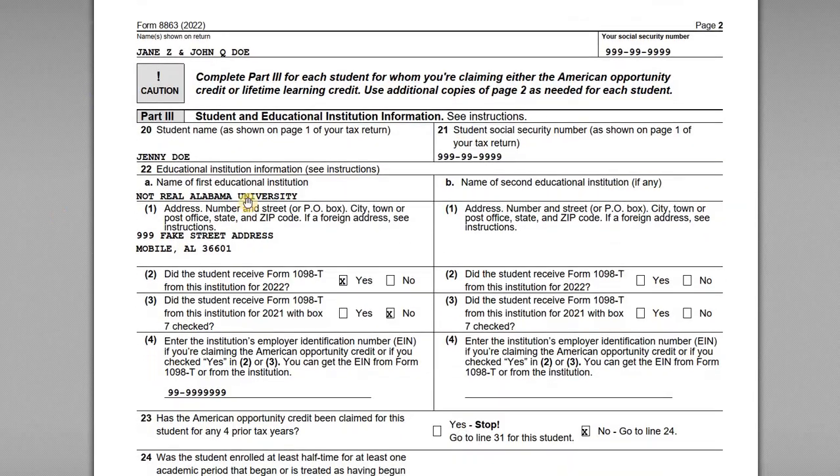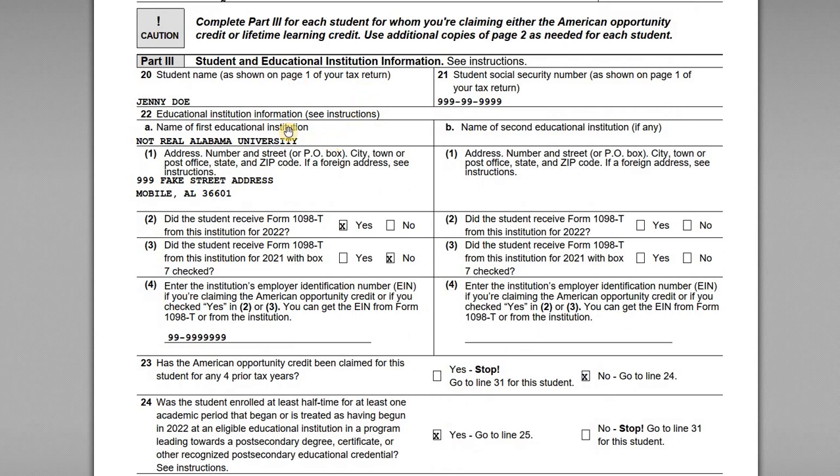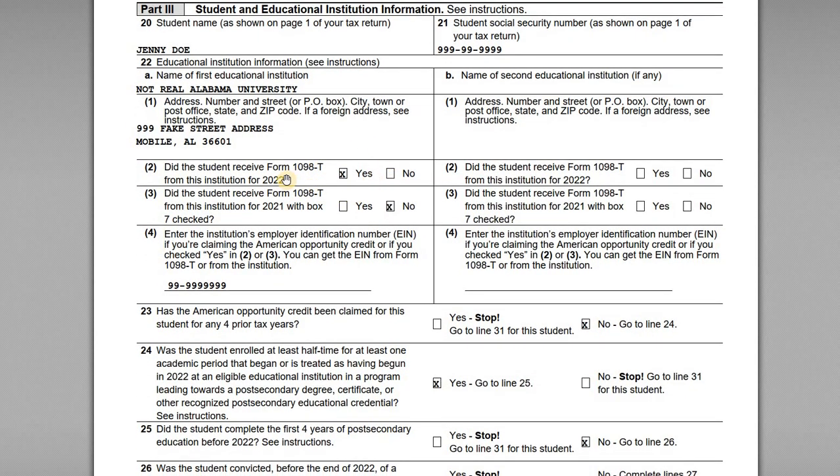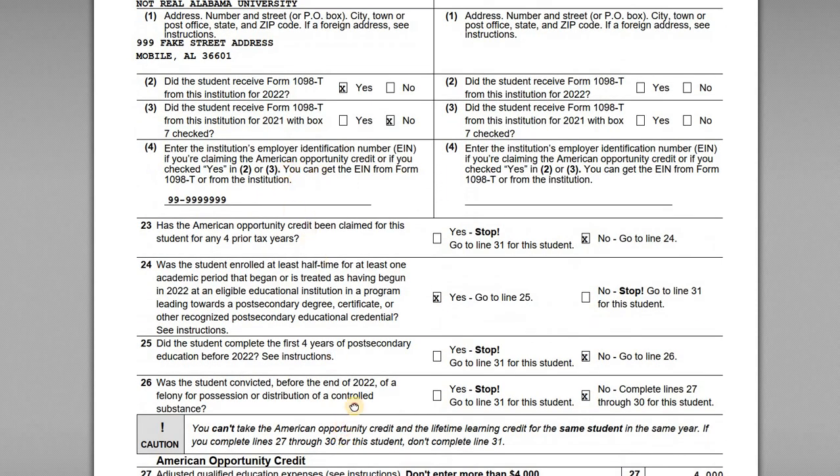So we go down to Jenny, same thing, right? So we have her information, the name of the institution. She did receive a 1098-T for 2022. Box 3, it's asking us, did we get a 1098-T for 2021 with box 7 checked? No, right? Because we didn't get a 1098-T at all because this is her first year. Enter the EIN for the institution.